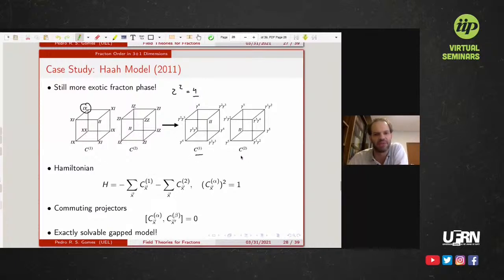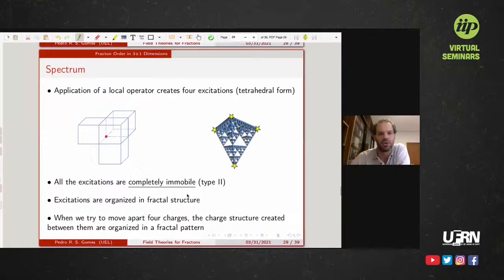We have two types of cube operators, right? As in the Chamon case, the square of these operators reduces to the identity, and they are all simultaneously commuting. And again, this is an exactly solved gapped model, right? So it's interesting to consider the spectrum, and there are some remarkable properties here.